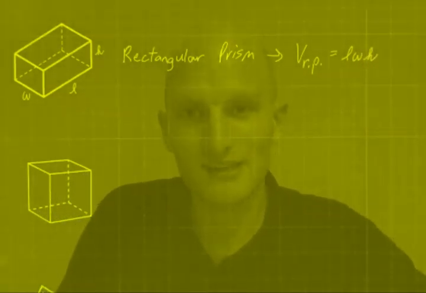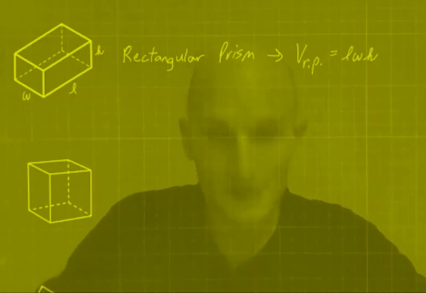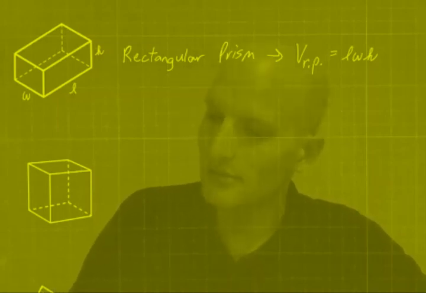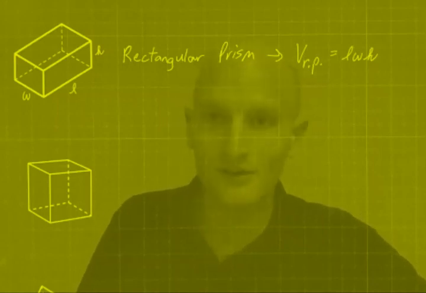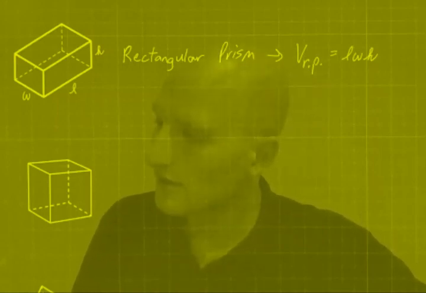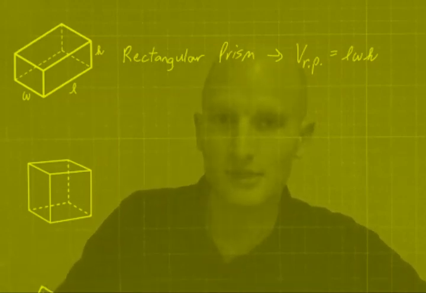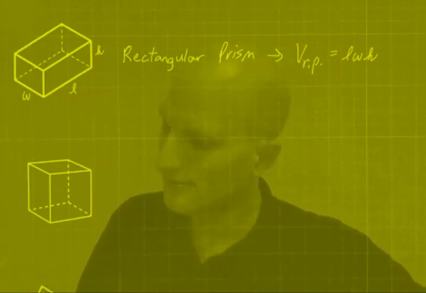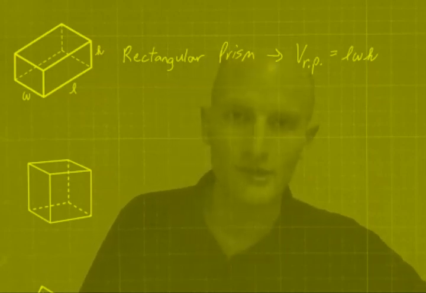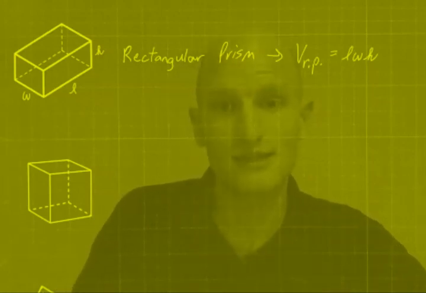And once again, it's volume, so the SI units would be meters cubed. But in these problems, they give you centimeters in one case that involves a rectangular prism. They give you inches in another case, really inches cubed and centimeters cubed. So you don't need to convert units. You can just use the units they give you.